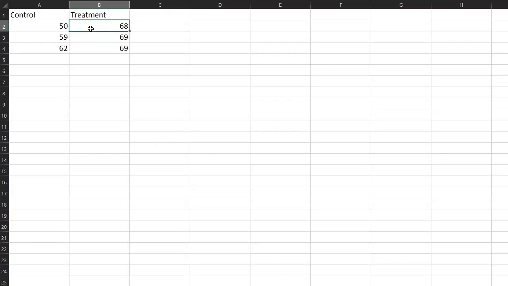Remember when we did our one-factor analysis of variance, one of the conditions for valid inference was that the individuals in each condition were independent of each other? Well, that's not the case here. These two individuals, this one person got a 50 and 68, but they're not independent of each other. They're related because they were both getting a C in the class. These two individuals are related because they were both getting a B in the class.